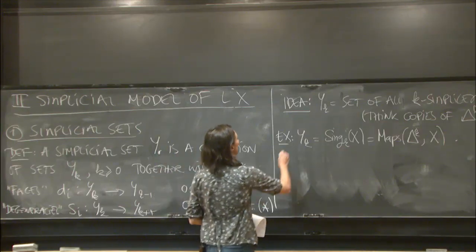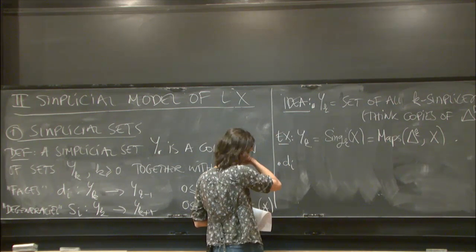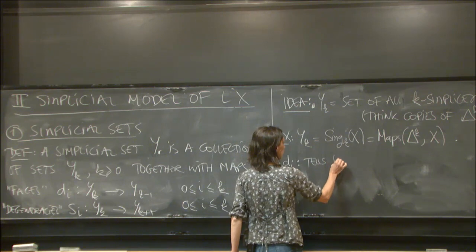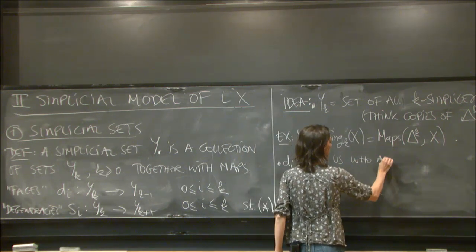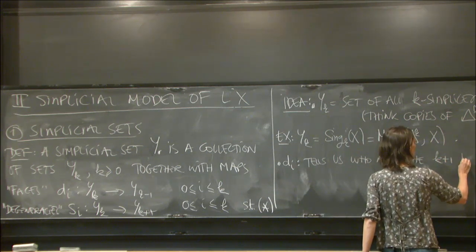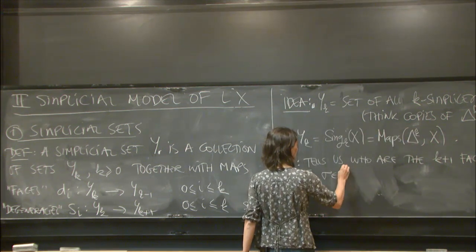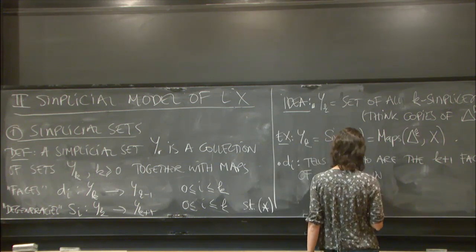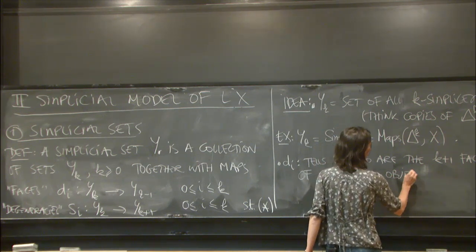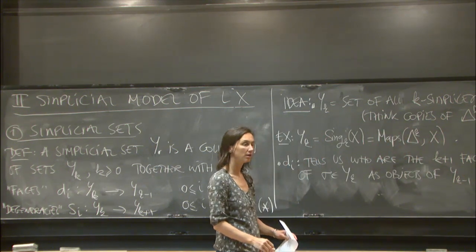So Y_k is this, and then what about these d_i's and these s_j's? The d_i tell us who are the k+1 faces of any sigma in Y_k, as objects of Y_{k-1}.